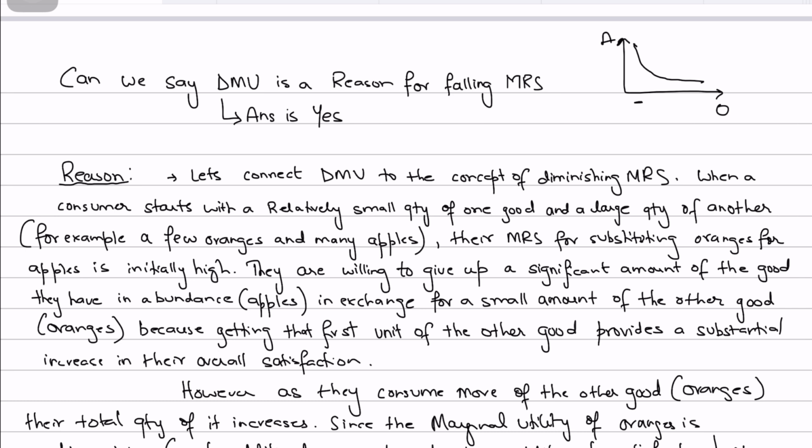The reason is that getting the first unit of that other good provides a substantial increase in their overall satisfaction. Initially, each additional unit of orange would give them a huge amount of satisfaction.